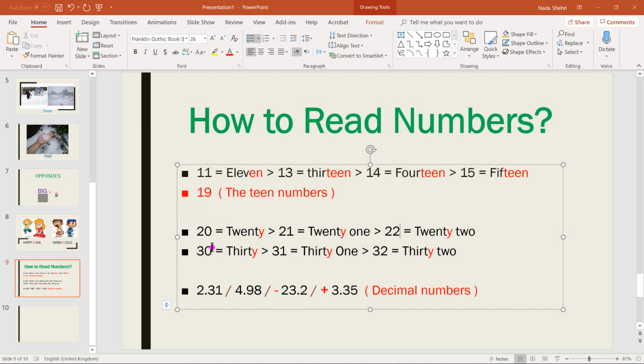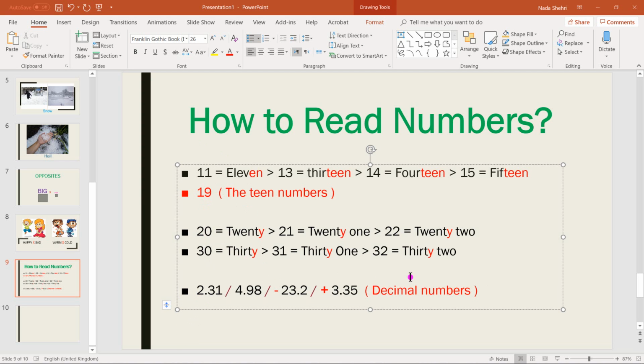When we move to 30, same case: 30, 31, 32, you add new numbers to this one. So 30, you add 1, 31, 32, 33, 34, and so on and so forth. Please remember how to read these kinds of numbers.